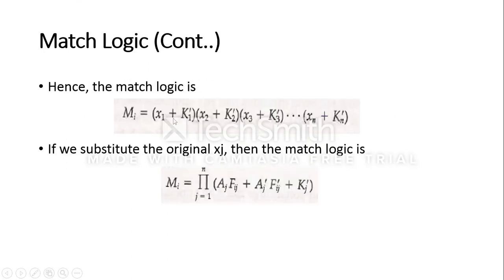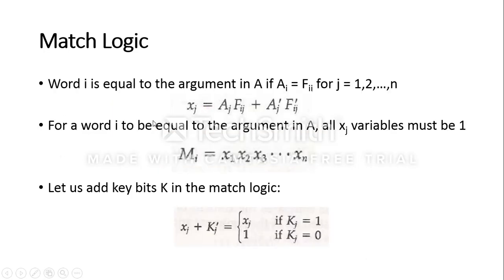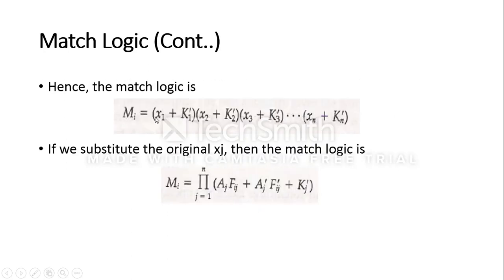So in this equation, if we substitute the value of xj using our first equation, aj fij plus aj dash fij dash, then we'll get aj fij plus aj dash fij dash plus kj dash for the jth bit.